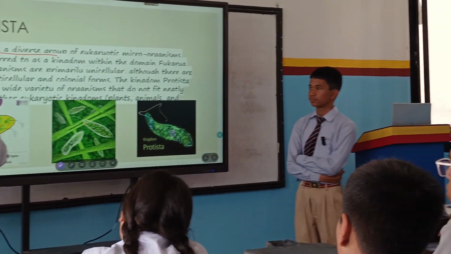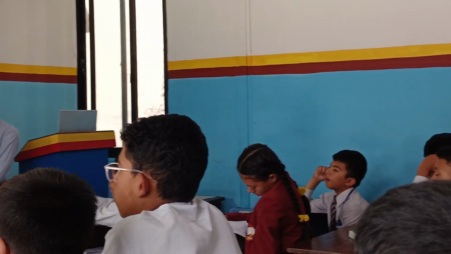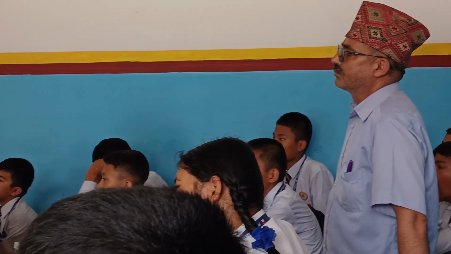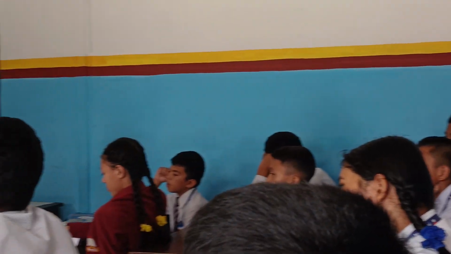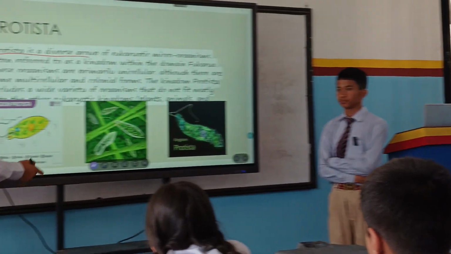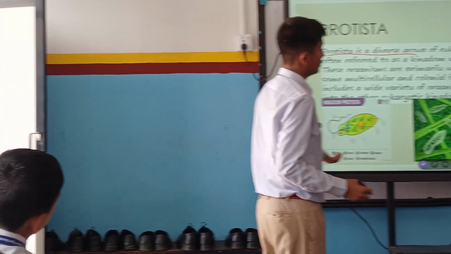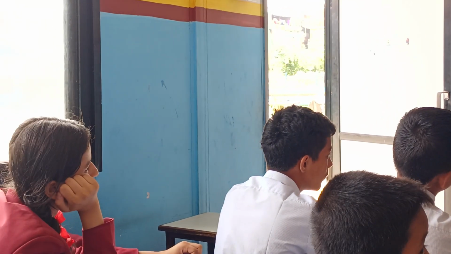Eukaryotic means their nucleus is properly developed, not like bacteria, which are prokaryotic. These organisms are primarily, meaning mostly, unicellular, although there are some multicellular and colonial forms.